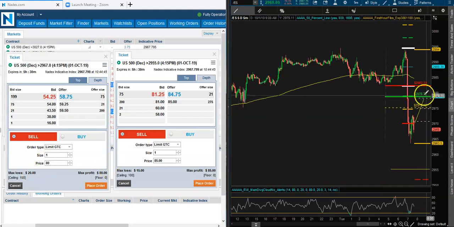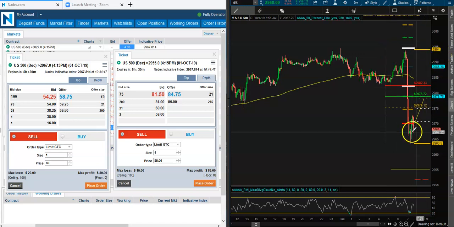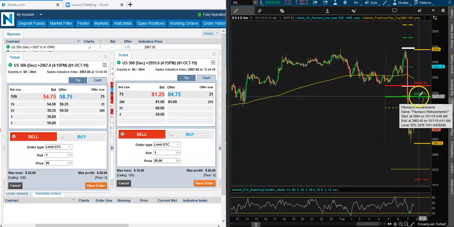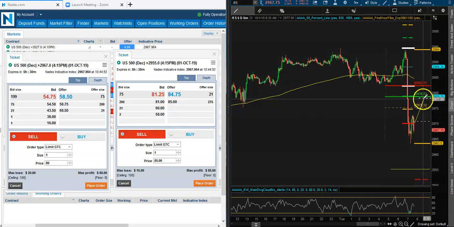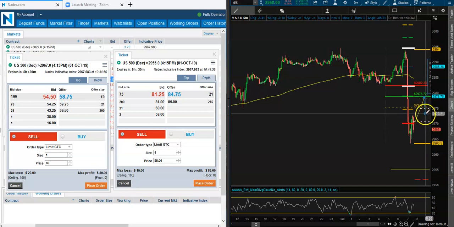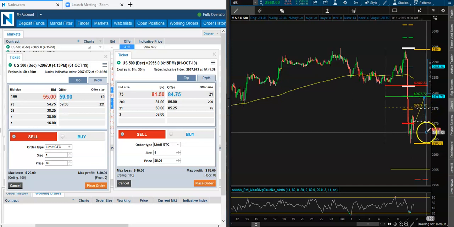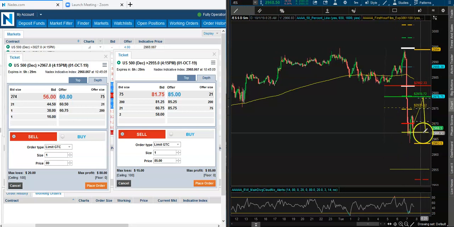Or 60, correct. Okay. But if I get filled here, I get filled here, and I get filled here, and then all of a sudden price reverses and we come all the way back down to the 67 target level.